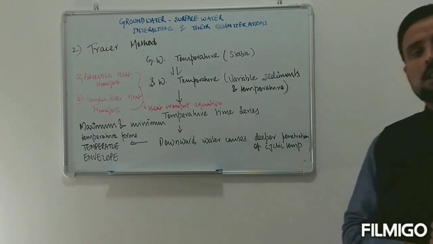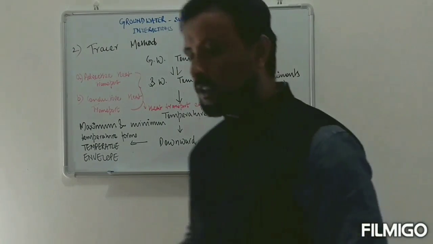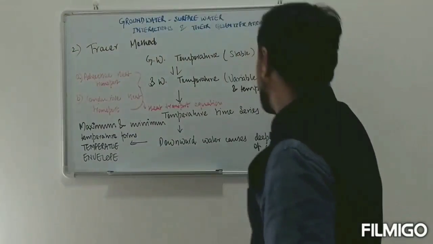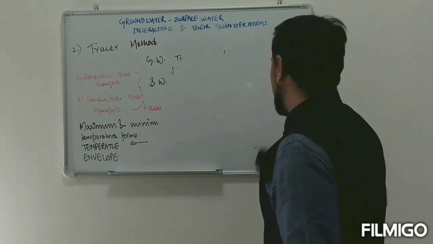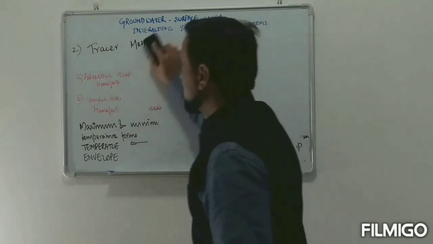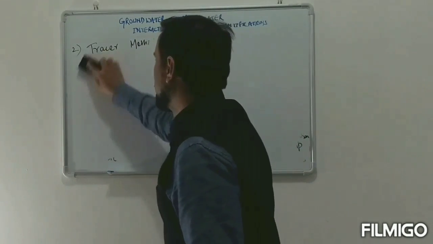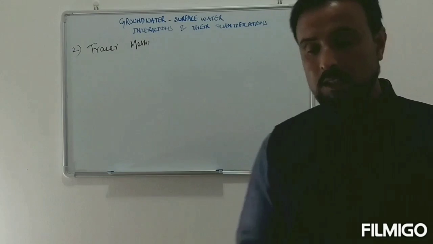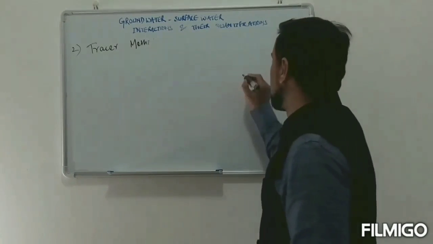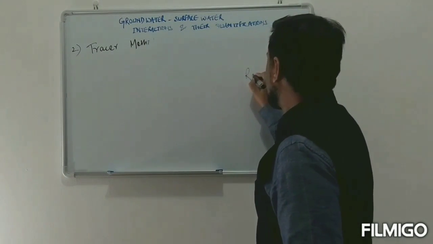Apart from it, there are certain other tracers also which are used in tracer-based methods, which are normally some kind of isotopes, right? One of the most used isotopes in tracer methods is radon.